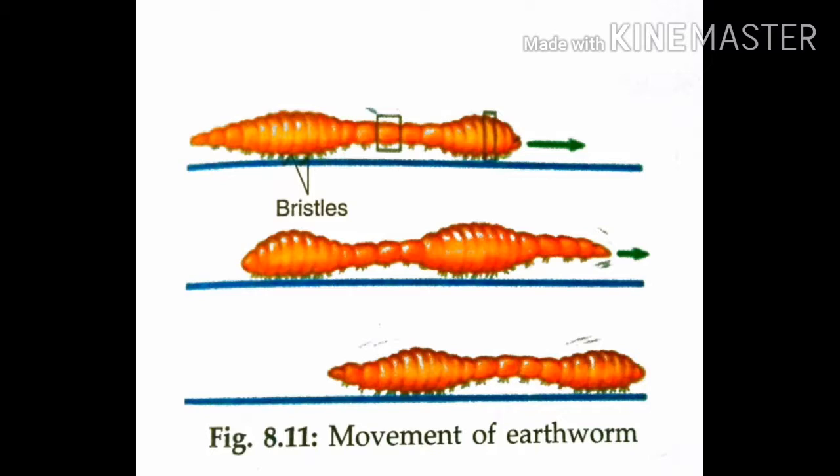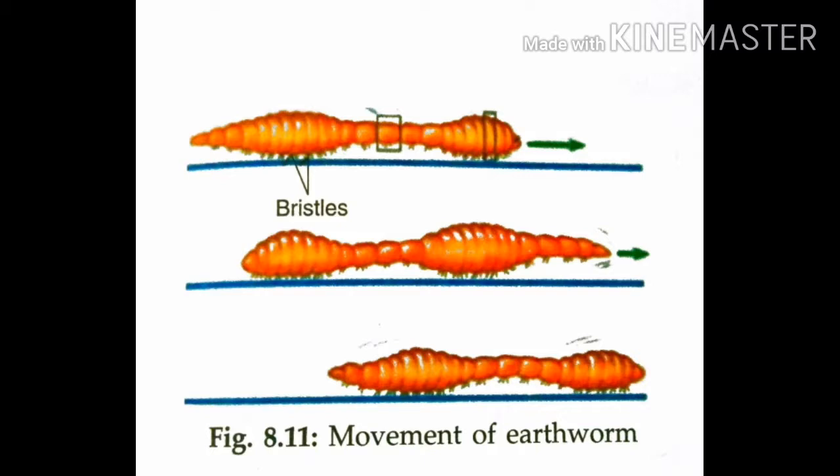Earthworms move by crawling. An earthworm has many ring-like structures on its body. They are called segments.